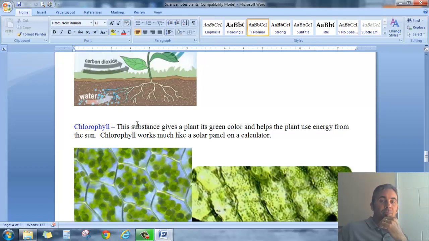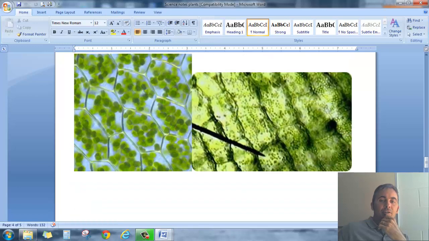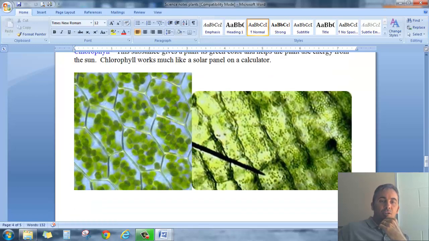It's an amazing substance inside that plant. Here you can see a couple of pictures. These are microscopic pictures, and this one's actually far more magnified than this one, but you can see that chlorophyll inside the cells of the plants, and it's just amazing stuff.